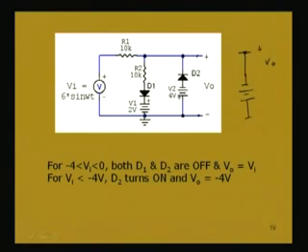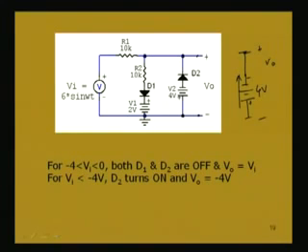V naught, with this polarity we are considering, this is 4 volt. This point is positive, this point is negative, so it is a falling direction, plus to minus. So, V naught with respect to this point is minus 4 volt when the diode D2 is turned on.